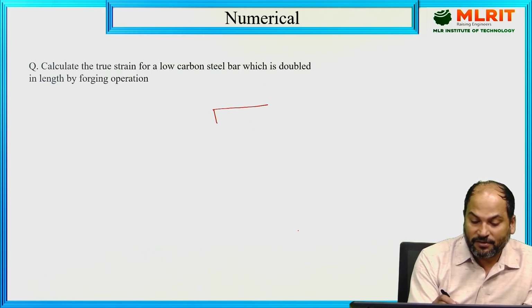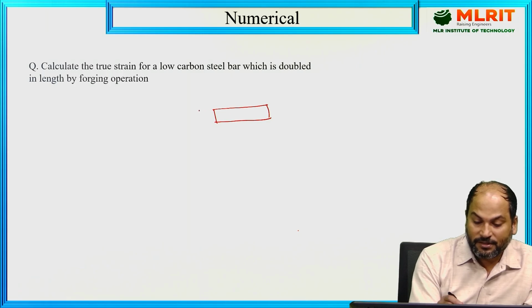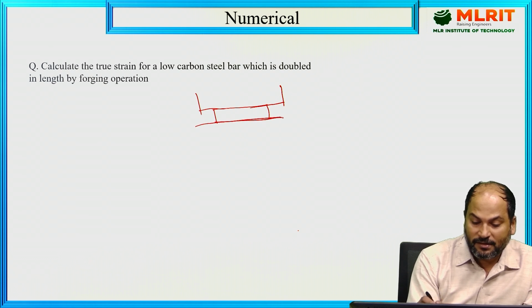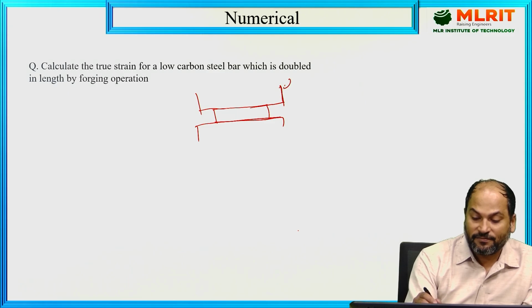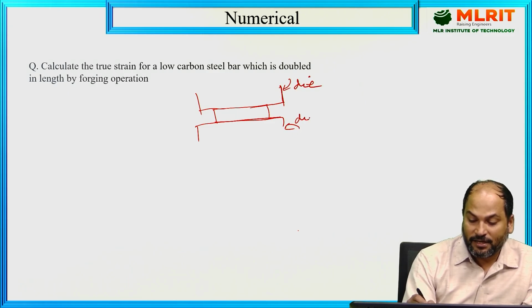Suppose this is my workpiece, and here the die or platen is. This is the die half, and this is also the die half.